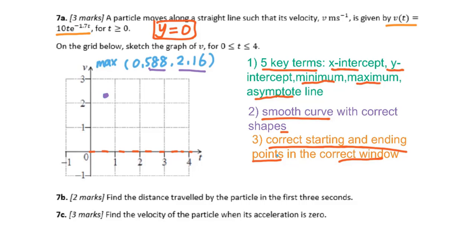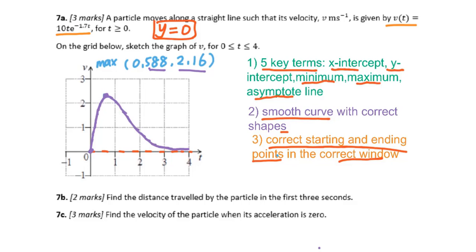I label here. The starting point is 0, 0. Ending point will be the asymptote line. Therefore, I will sketch the graph like this. Make sure you do not cross the asymptote line.